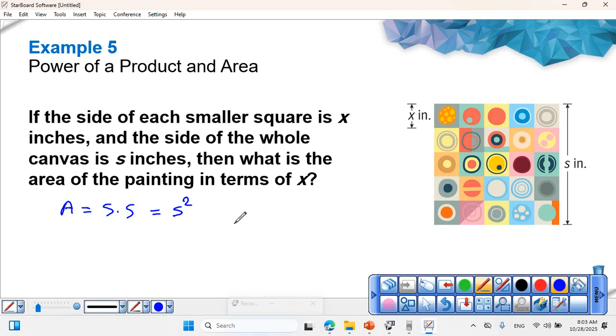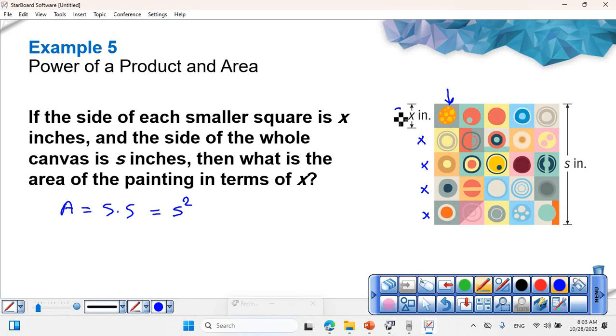But here the smaller square, what is the area of the smaller square here? This side is x, and this is also x, 2x, 3x, 4x, 5x.